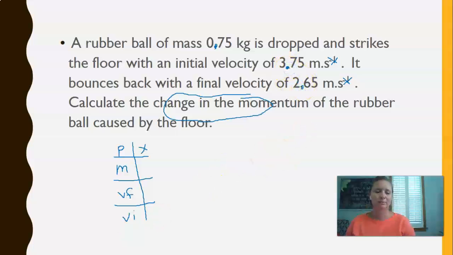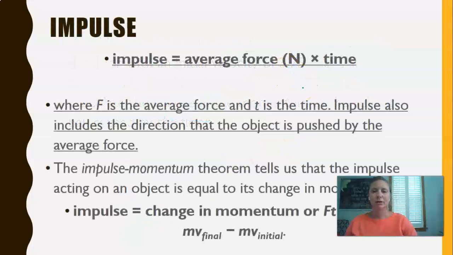One of the last things I want to talk about with momentum is impulse, meaning that sometimes things collide, and with that there is a change in energy, and that's what this equation is talking about. We're just going to use the ideas behind it. So impulse equals the average force. Now we're going back to that beginning part of what we talked about with Newton's second law.